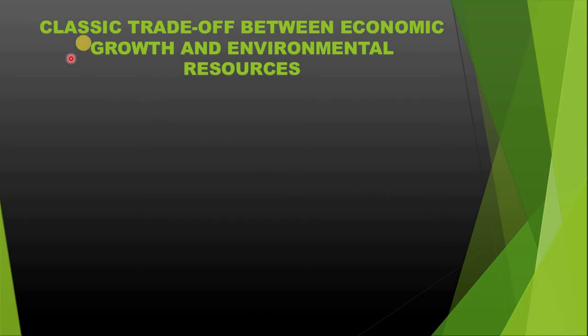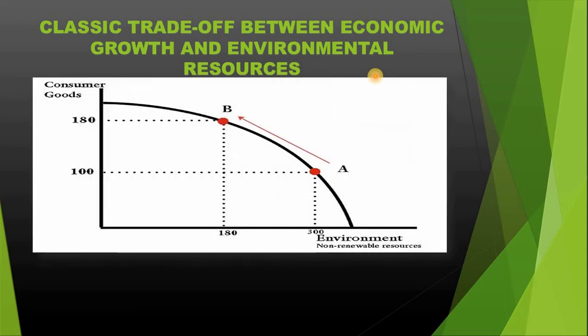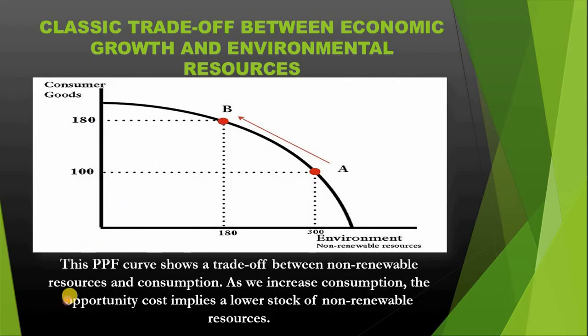Look at this picture. Especially, there's a picture of the classical trade-off between economic growth and environmental resources, where we depict consumer goods on the vertical axis and environmental non-renewable resources on the horizontal axis. This PPF curve, or production possibility frontier curve, shows a trade-off between non-renewable resources and consumption.